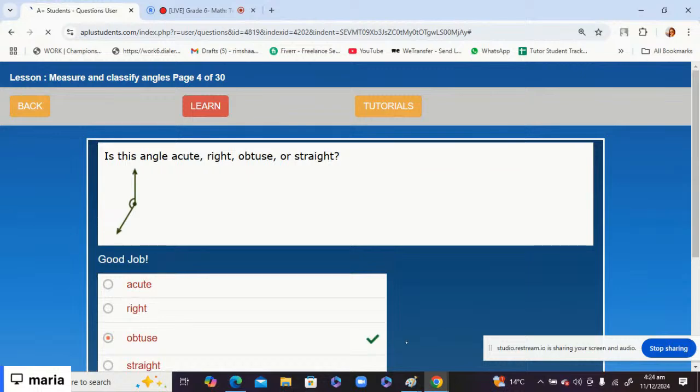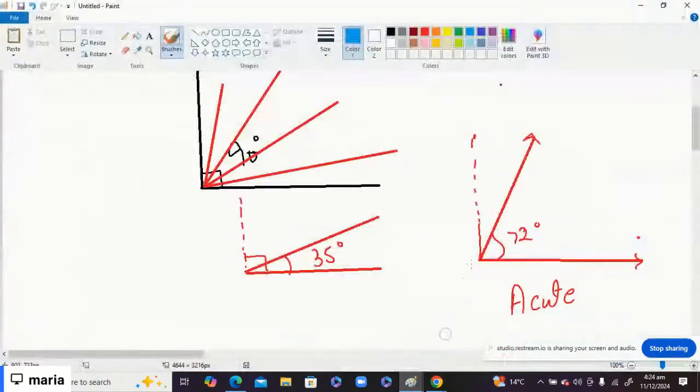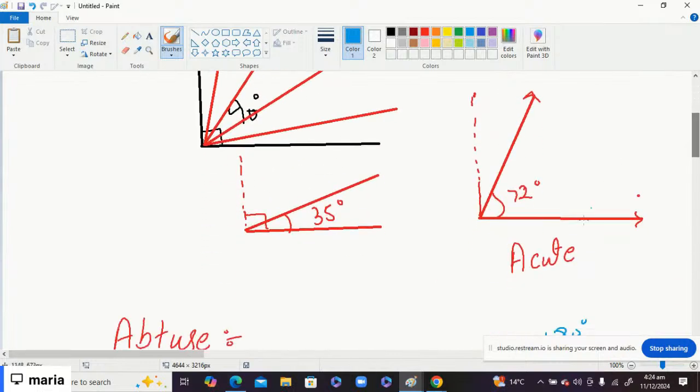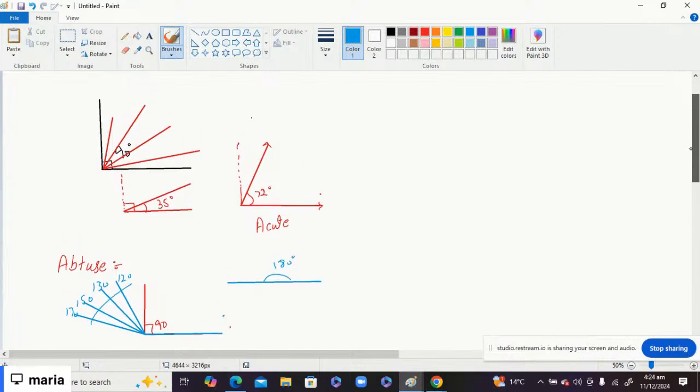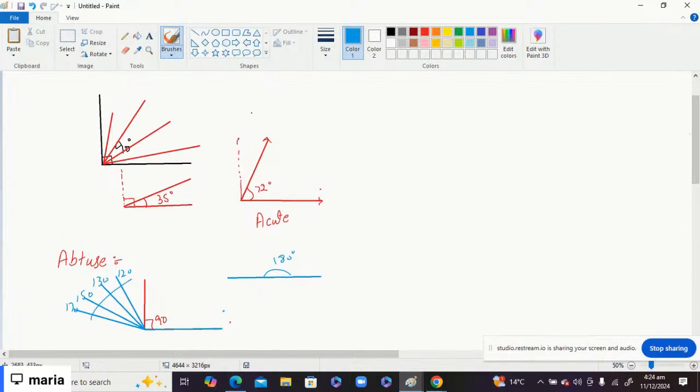Hope you guys understand the lesson. So here we discussed the angles in this lesson. We check all the angles. There are four types of angles we discussed. First of all the 90-degree angle, which is two straight lines.